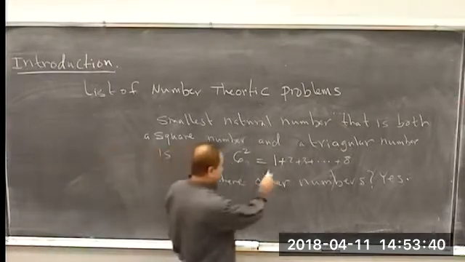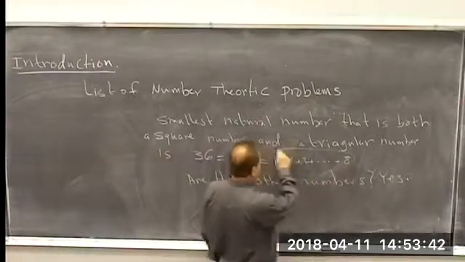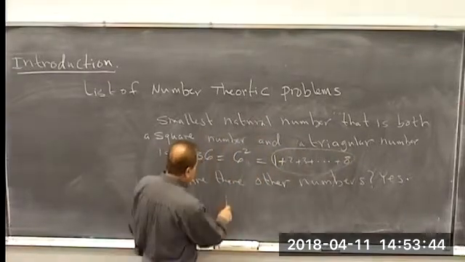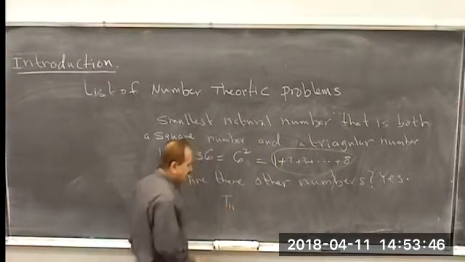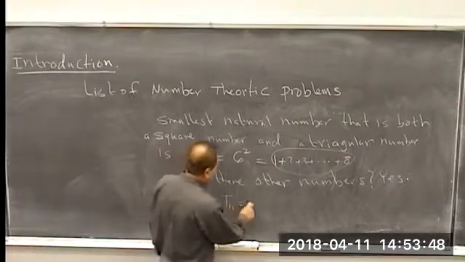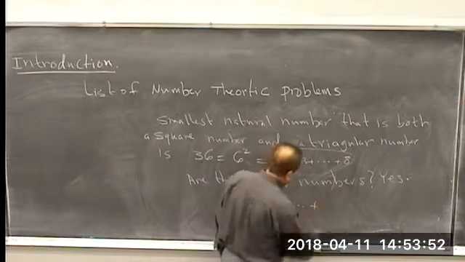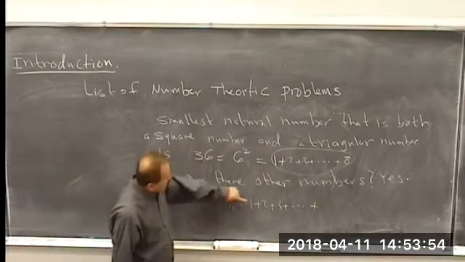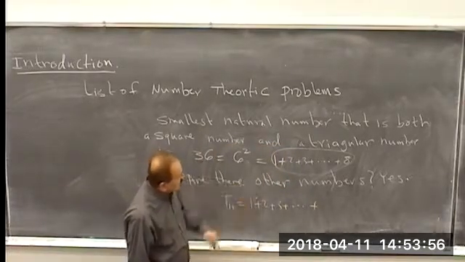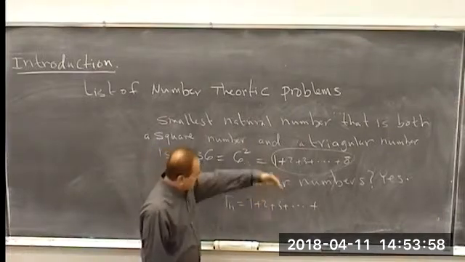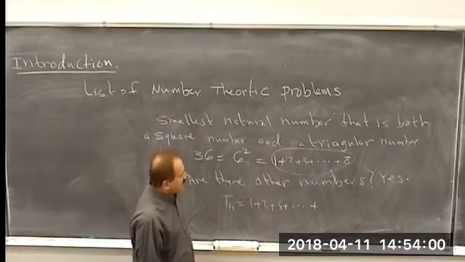As you can see from here, we have a formula for the sum. In other words, T sub n is equal to 1 plus 2 plus 3, up to n. This is the triangular number. We start with 1, and then we add 2 points, and then we add 3, and so on. This is the way we form these triangular numbers.